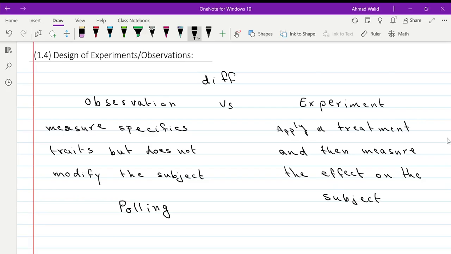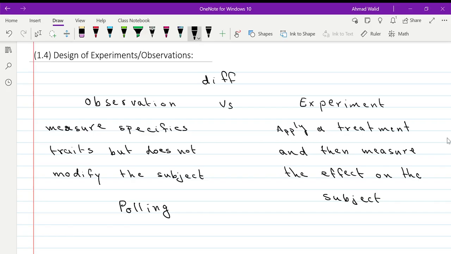Again, a good example will be, again, coronavirus. At the time that they started to create a vaccine for coronavirus, they tested on a number of people, which we call those people subjects. First, they did a treatment on the subjects, then they collected information. Correct? We call this one experiment.